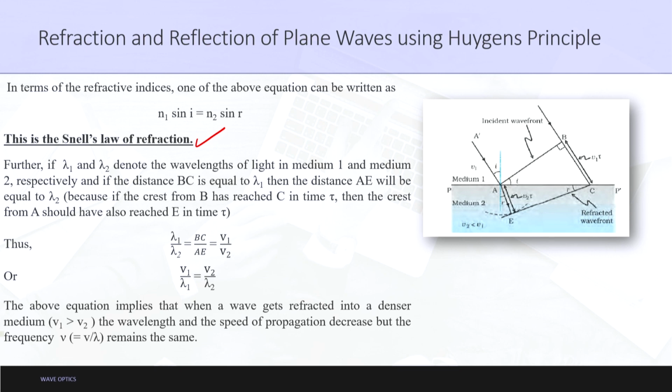Let me conclude the complete concept till here, because after this the wavelength concept will be introduced. For now, we studied how the incident wavefront gets changed into the refracted wavefront, and using trigonometric analysis and equalities of triangles, we found that sin i by sin r is equal to v1 by v2.